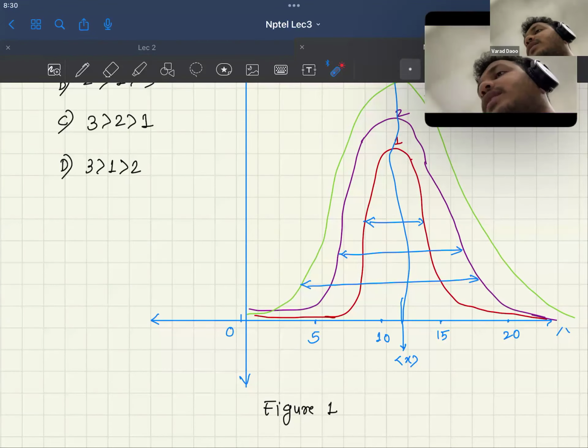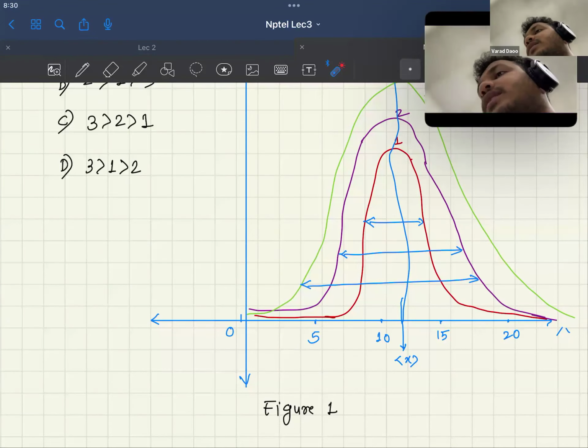We also know that the larger the width of the curve, the larger the standard deviation. Since the width is in this order, the standard deviation should also be in this order: standard deviation of curve 3 is greater than that of curve 2, which is greater than that of curve 1.